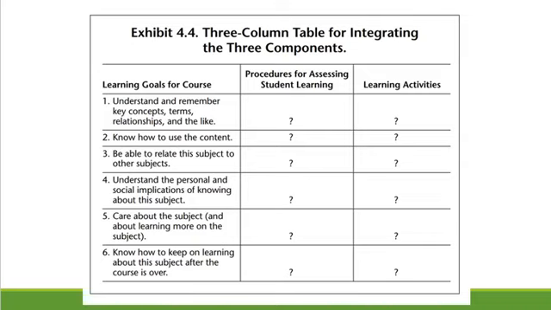Second, for each goal, identify the assessment procedures that will tell you whether students have achieved that kind of learning. For some learning, these may be the familiar paper and pencil tests. For other kinds of learning, you'll probably need to find new and more innovative forms of assessment. Third, for each goal, identify specifically what students will need to do to achieve that kind of learning.